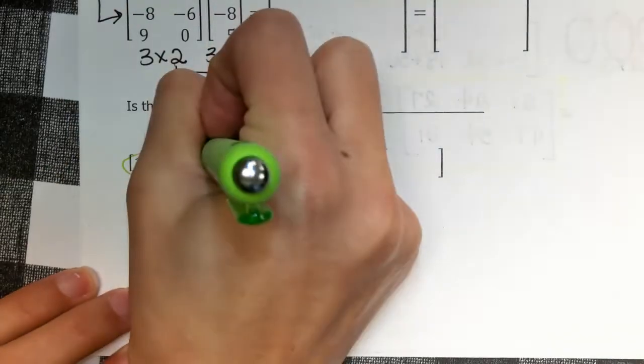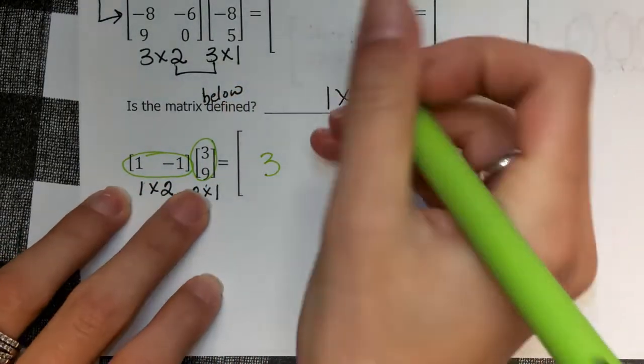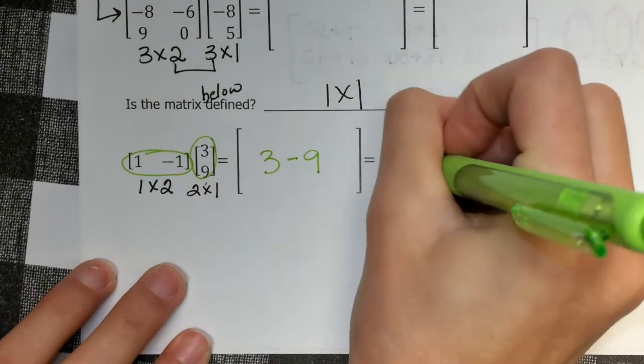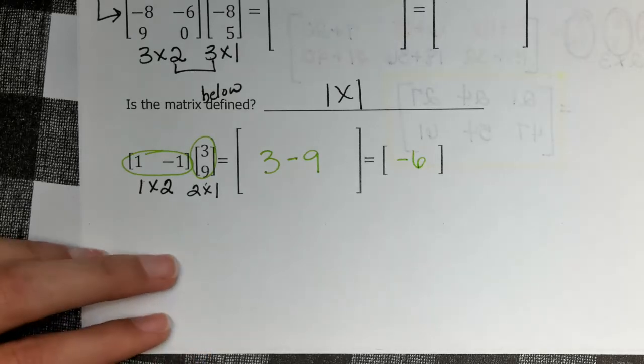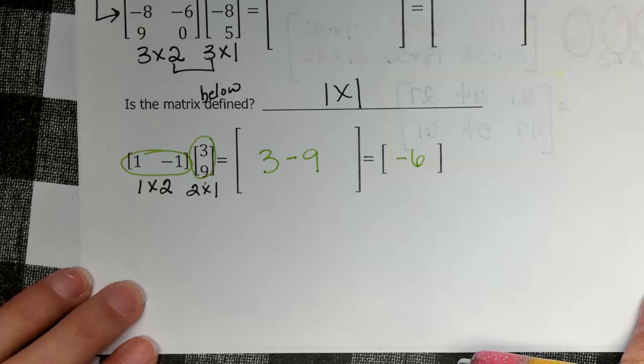Okay? So, row times column. 1 and 3 gives me 3. -1 and 9 gives me -9. You good with that?